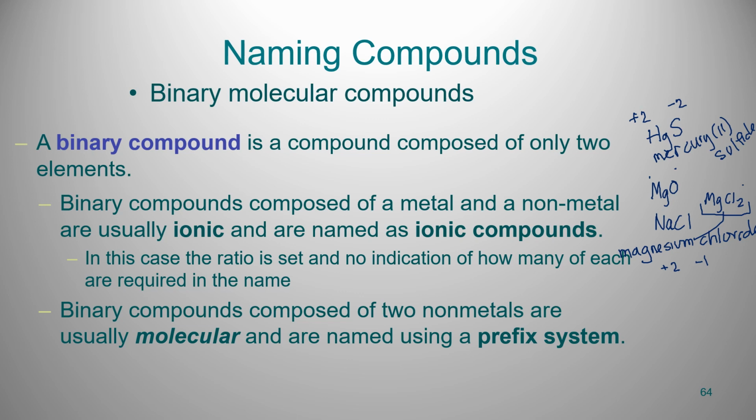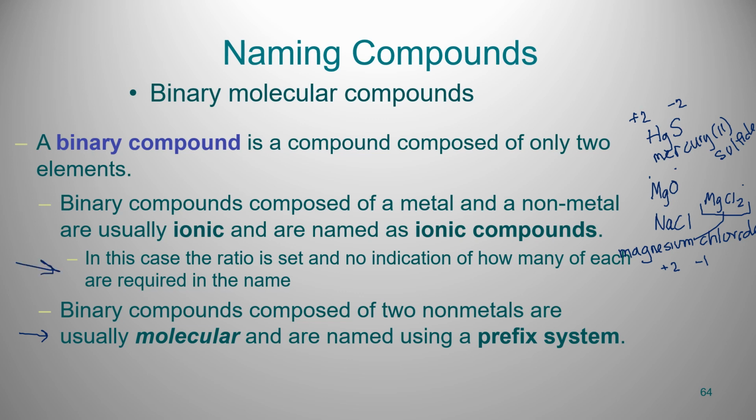If there's no metal involved, then you're going to use this other system, which is called the prefix system. So these are molecular compounds, not ionic compounds, and we use a different naming system. So it's really important to keep these two straight, because right now we're keeping them separate, but I'm going to mix them up for you. So this is how you know. Two nonmetals uses the prefix system.